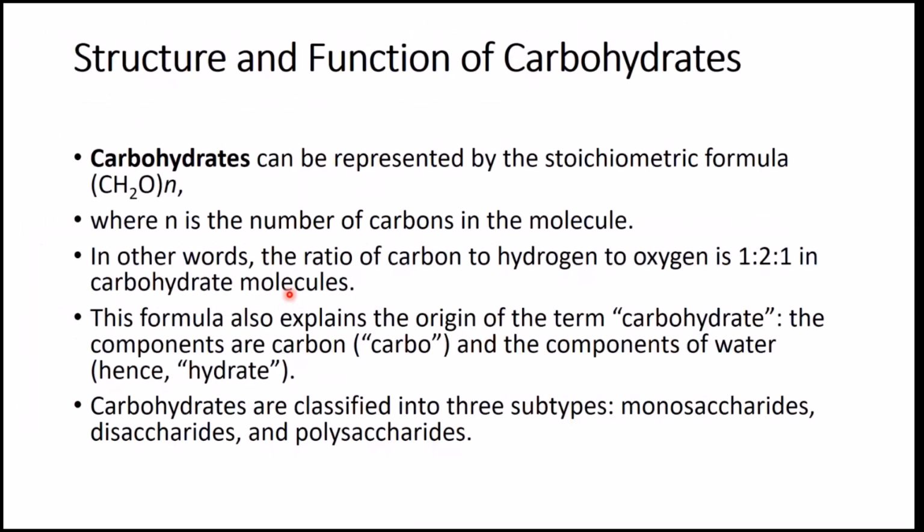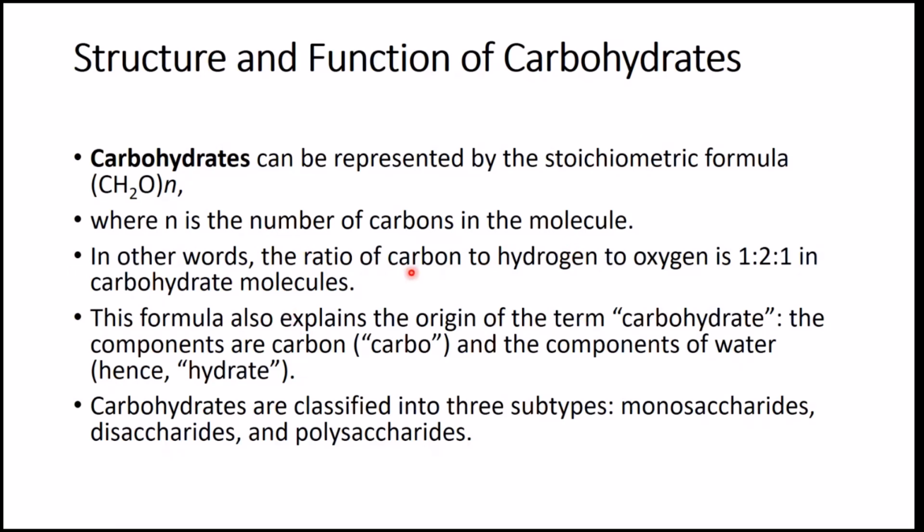So here we also talk about the structure and function of carbohydrates. Carbohydrates can be represented by a formula. I also included the notes here so that they could help you when we tackle a question. It is the general formula, where n is the number of carbons in the molecule.